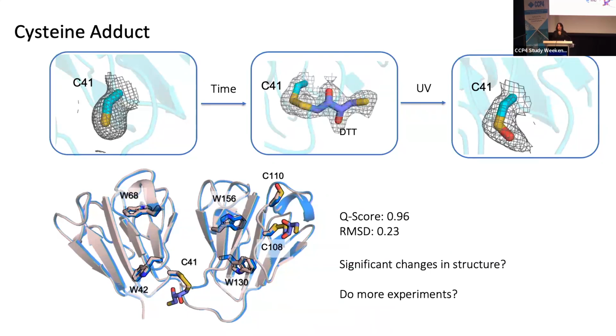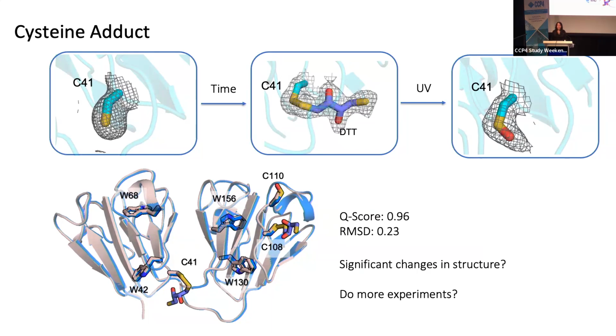And as I was discussing this with my good friend, Helen, she questioned me what I meant by significant. And what I meant was really there are no large scale structural changes that we can see by overlaying the two structures. The difference density is quite clear around this adduct, but everywhere else in the structure, it doesn't really tell us much.